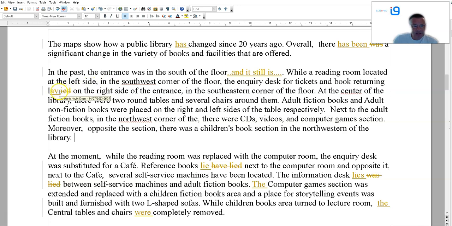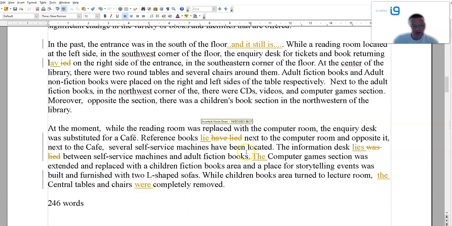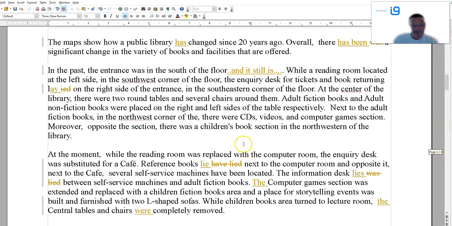Returning lay on the right side, lie at the center. Again, I'm not going to read all this out. There's a few different things there. 246 words. So you got in the entrance, left side. Then you jump to the inquiry desk. What, on the right side?